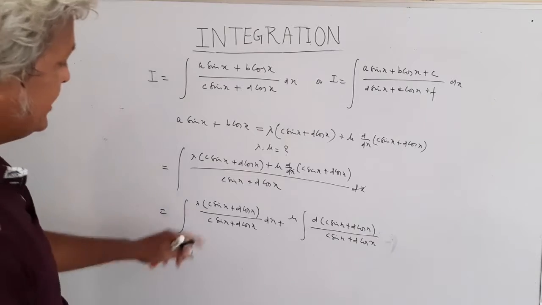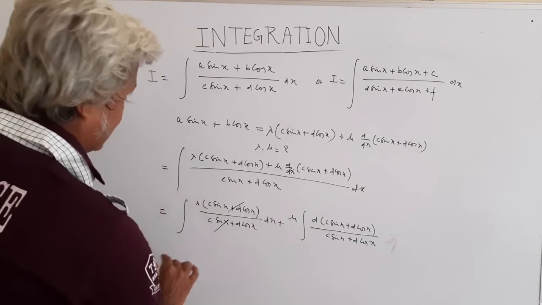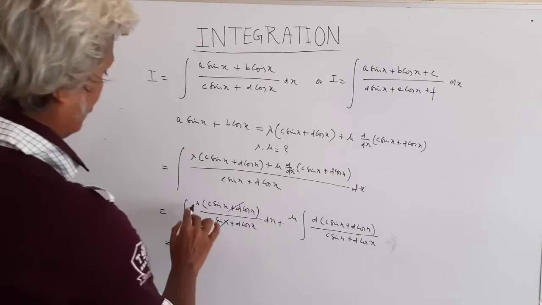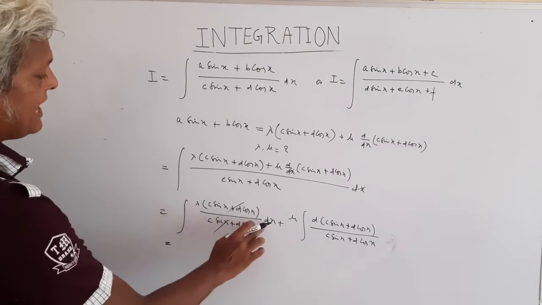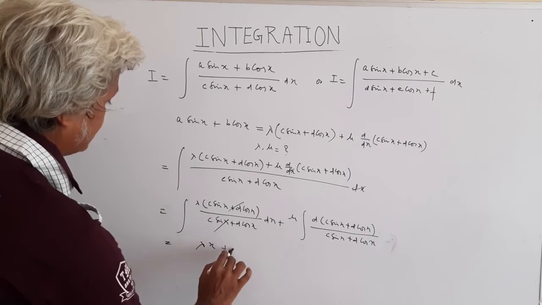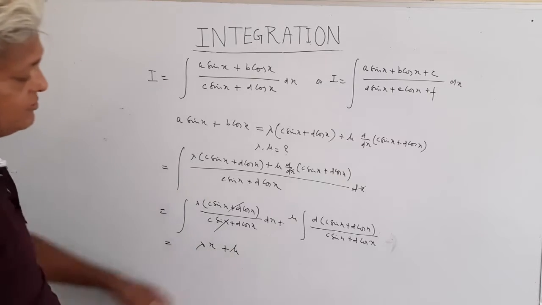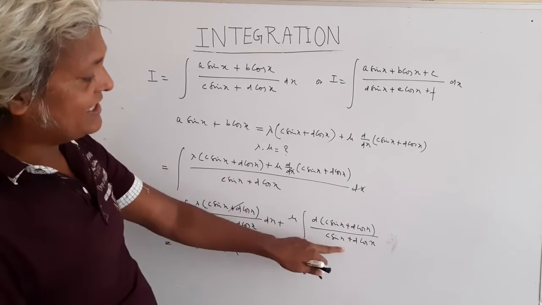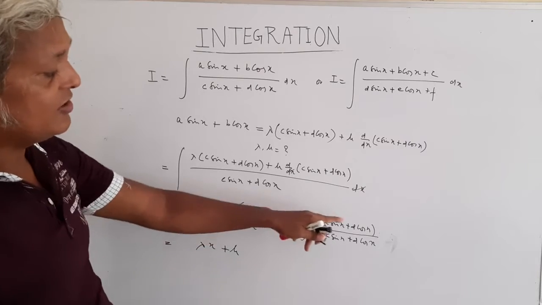Here you see this one cancels, and you get only the integration of lambda times 1, which gives lambda x. In the other term, the denominator is something and the numerator is just the differentiation of that something.